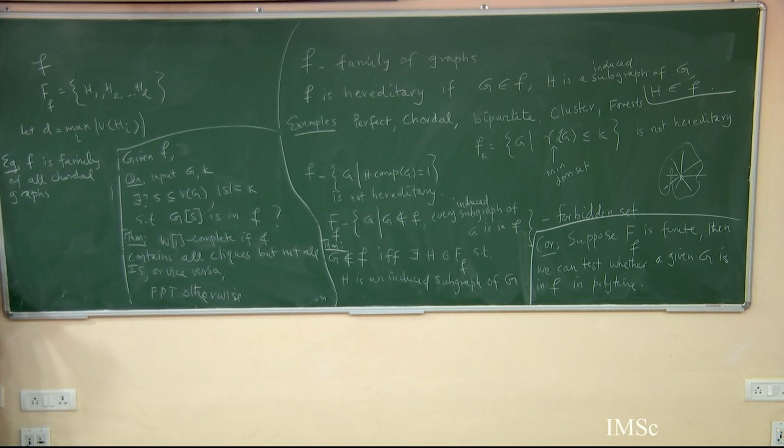The question is, given an arbitrary graph, are there k vertices that induce a chordal subgraph? Now this is a template, you can plug it in. F contains all cliques, since any clique is a chordal graph. Any independent set is also a chordal graph. So F contains all cliques and all independent sets, so it does not belong here, so it is FPT.